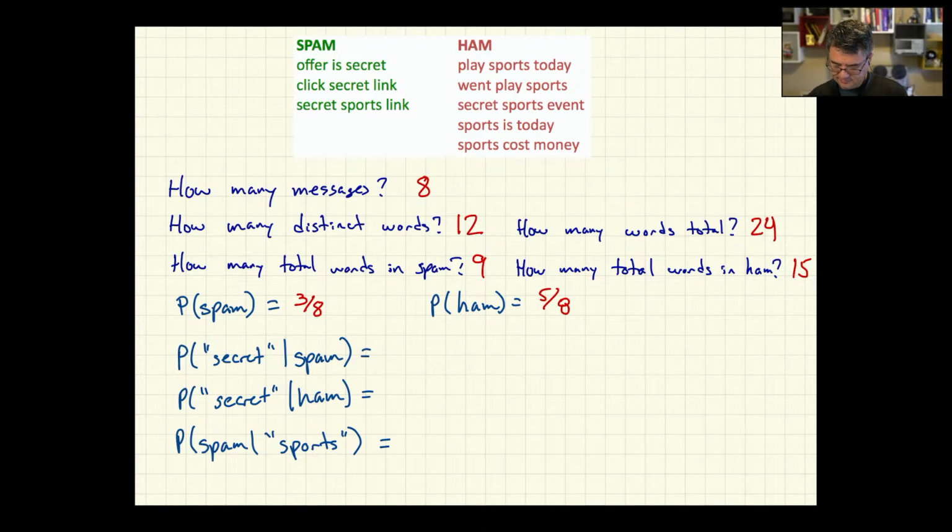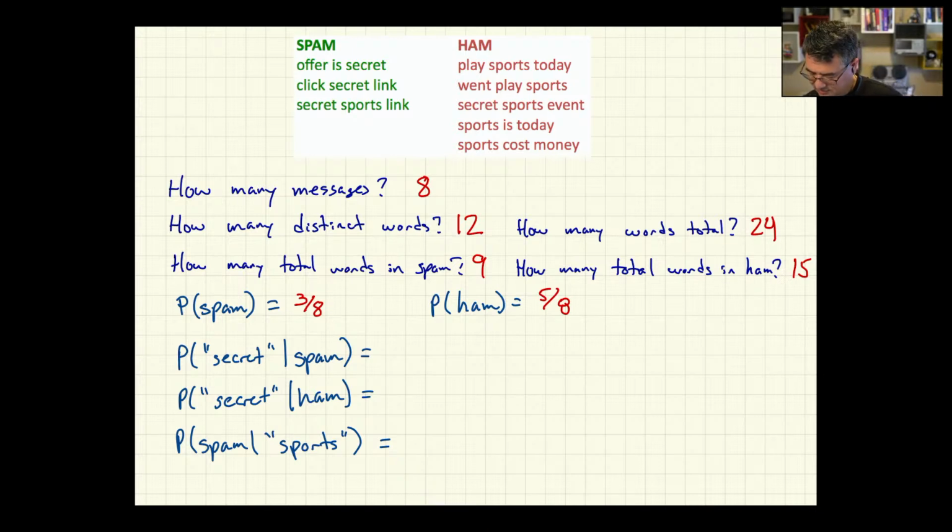Now, if we know a message is spam, what's the probability that a given word is the word secret? 3 out of 9.